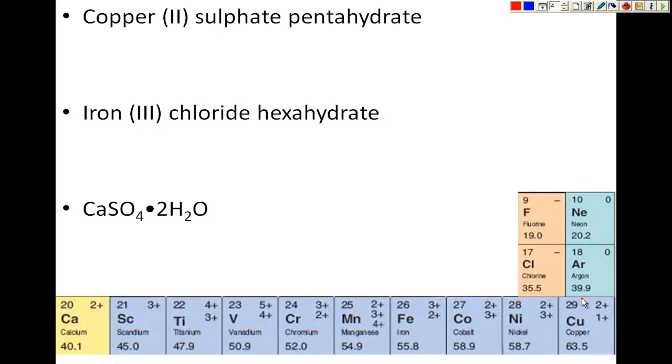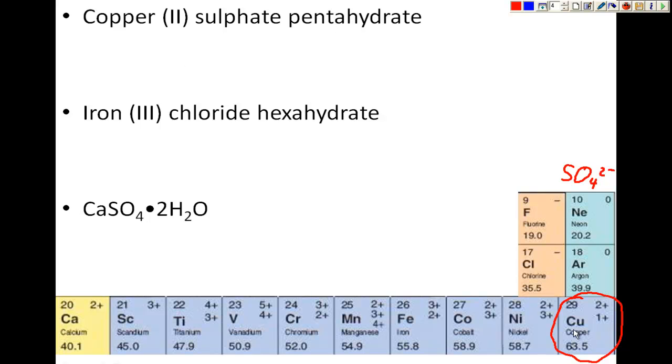Copper is way over here. 2 sulfate. Now I don't have sulfate on here, and you won't find sulfate in the periodic table. Sulfate is a polyatomic ion, and it looks like this. SO4 2 minus.